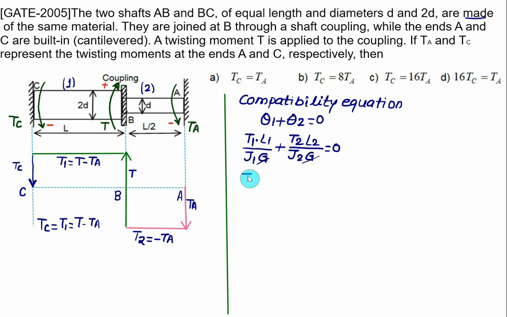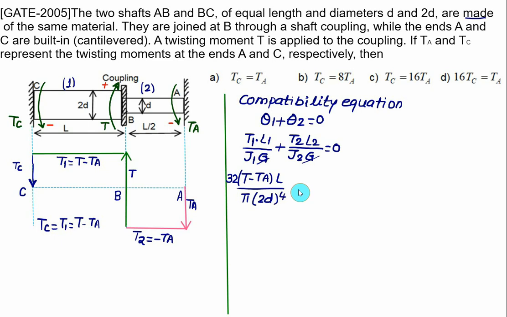So we have T minus TA multiplied by L1, which is equal to L. J1 is pi by 32, so pi will go in the denominator and 32 will shift to the numerator. It's D to the power 4, that is 2D to the power 4.